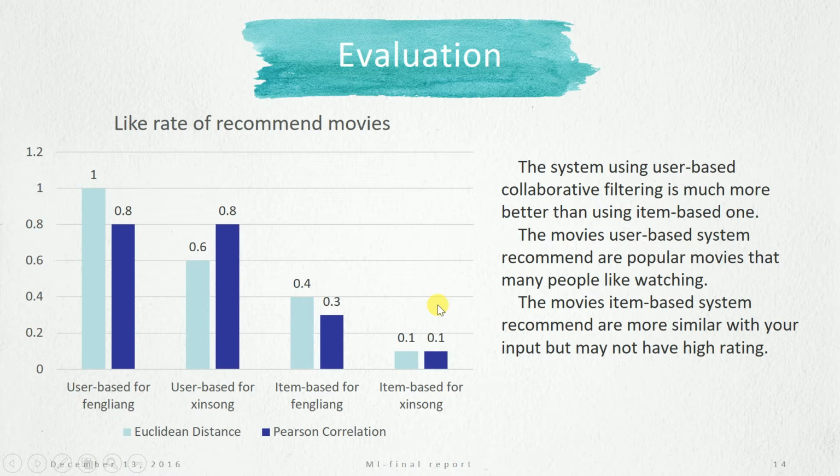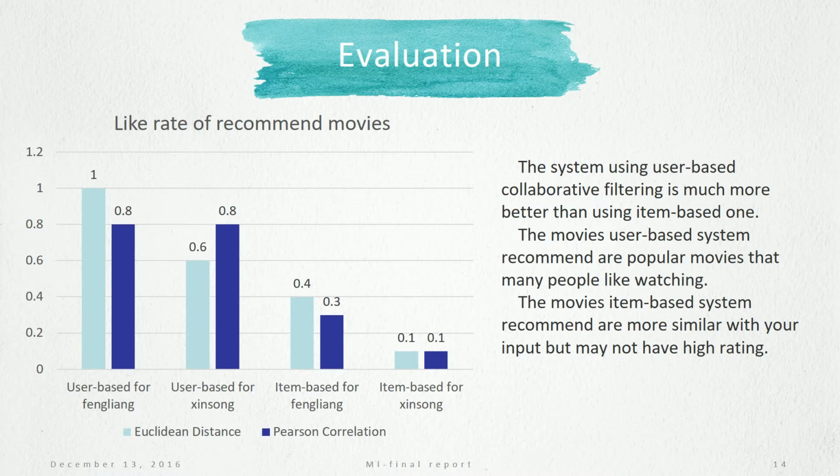We calculate the like rate of the recommended movies. We can see from the result that for the user-based system, the like rate is really high, while the result for the item-based system is relatively low.